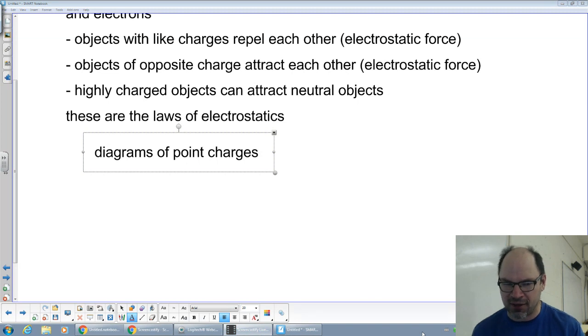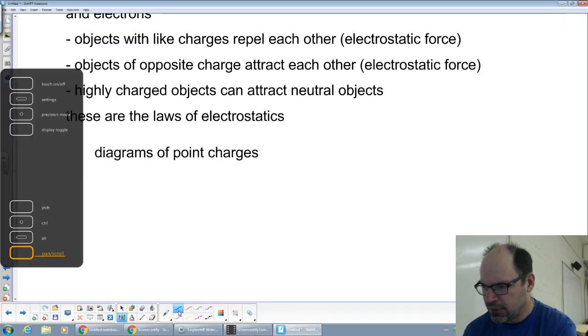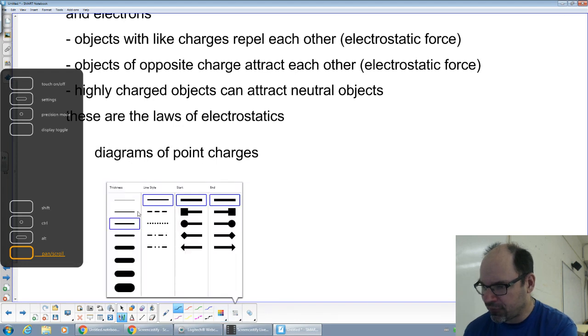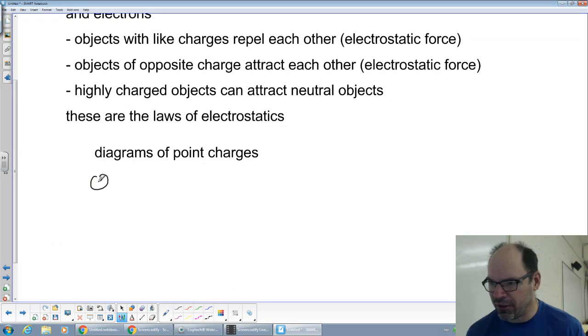I'll use the proper symbols. So let's say we have a point charge; we'll use a plus there, and we'll use a minus here. These are the two point charges.